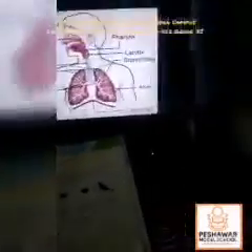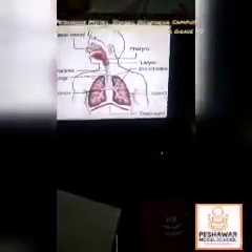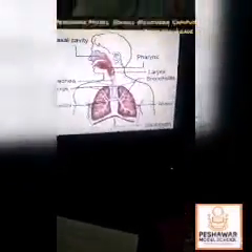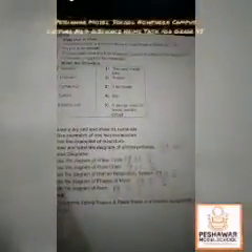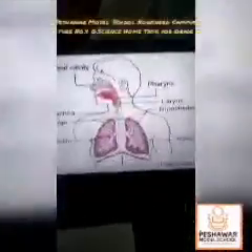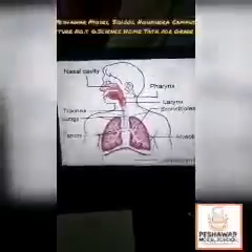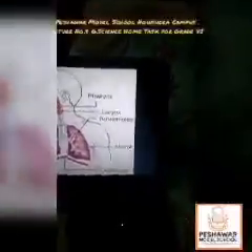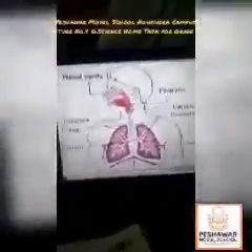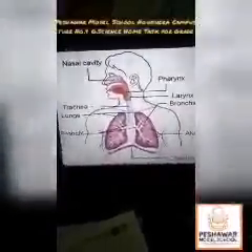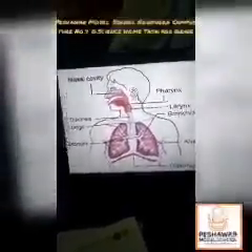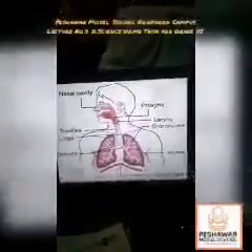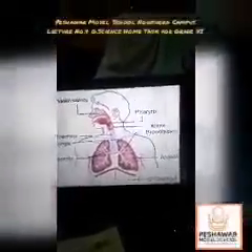Then next is the human respiratory system. Third diagram is human respiratory system. Respiratory system is a system which has 2 steps. First step is called breathing, in which oxygen is taken into our body, and carbon dioxide is taken out from our body.